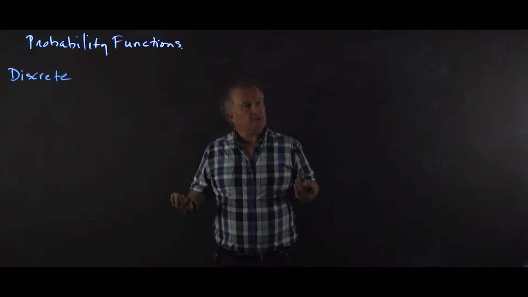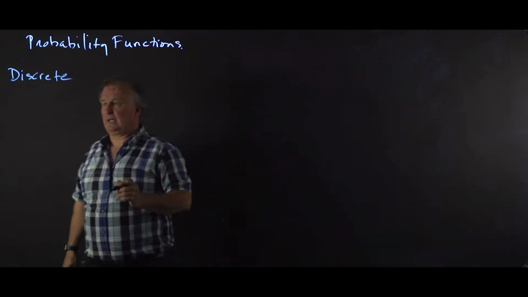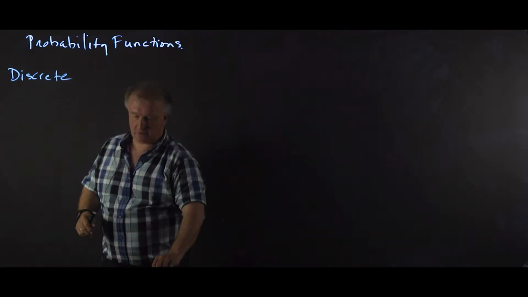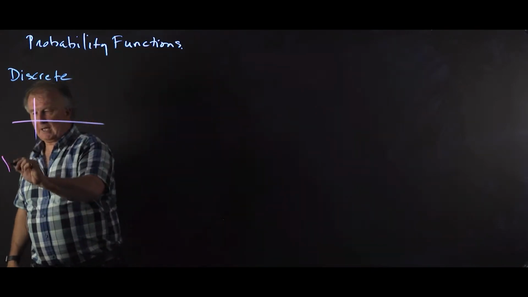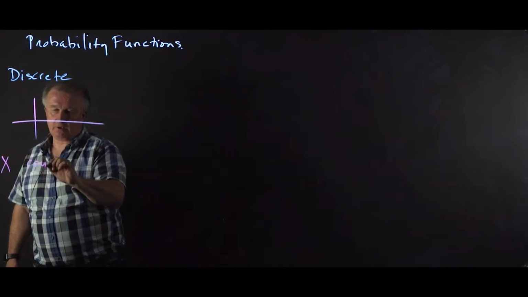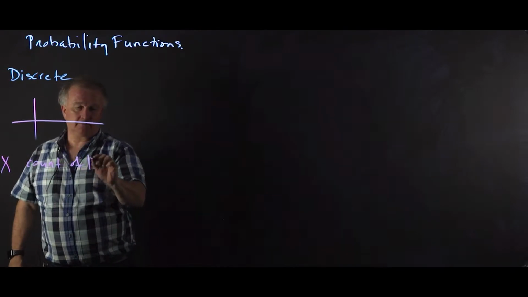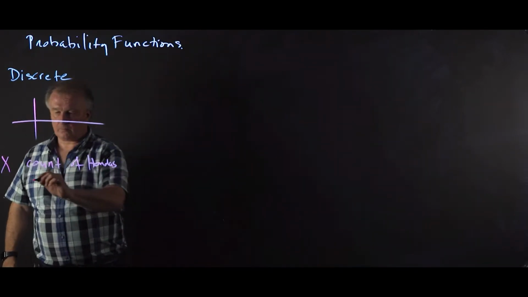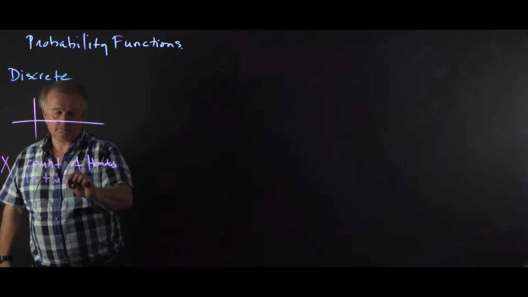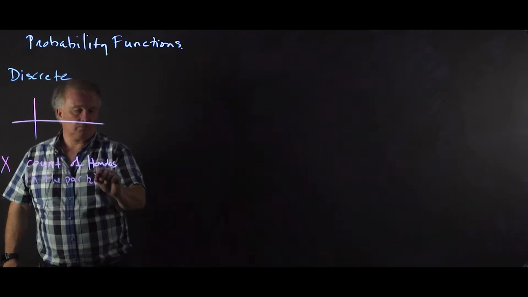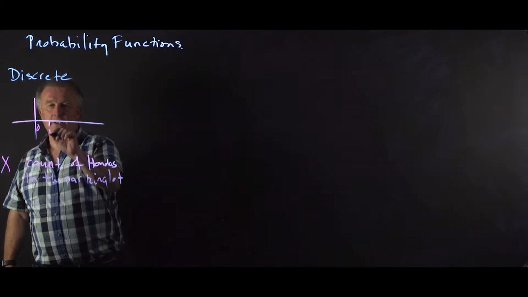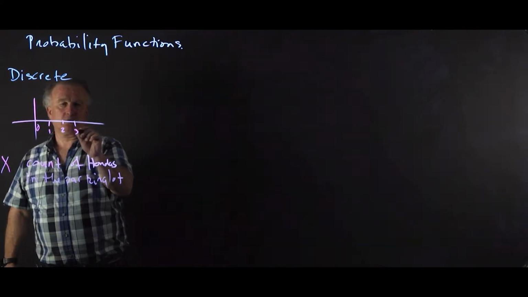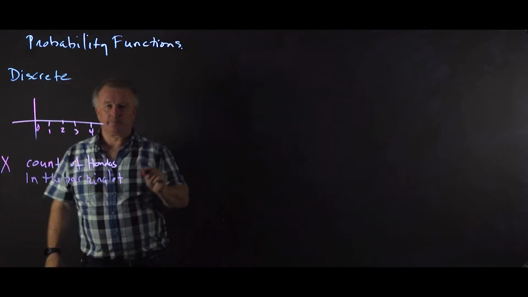And remember, the idea of a discrete random variable is that it takes on discrete values. And so, for example, if my discrete random variable x happened to be a count of Hondas in the parking lot, then I might have 0, 1, 2, 3, and so on.